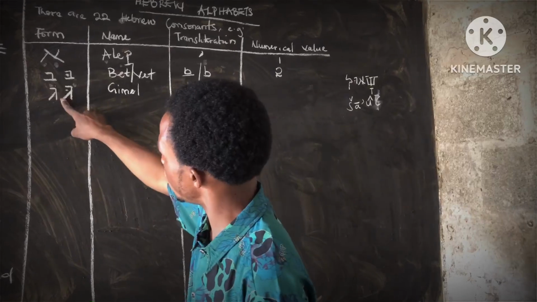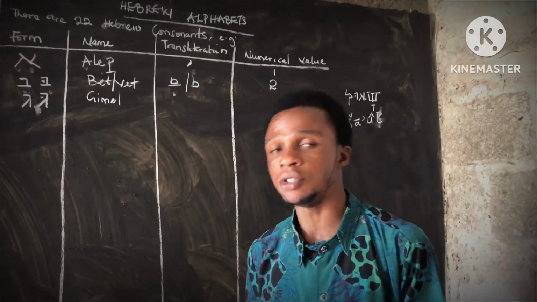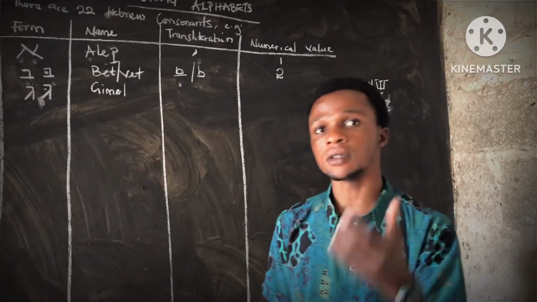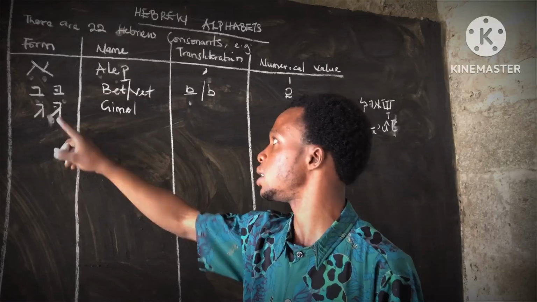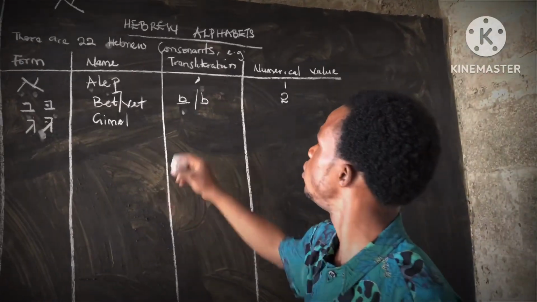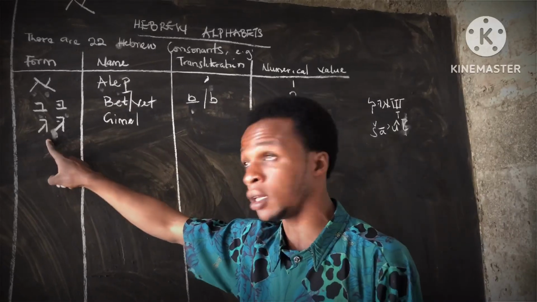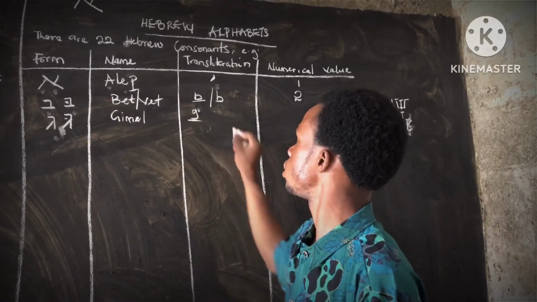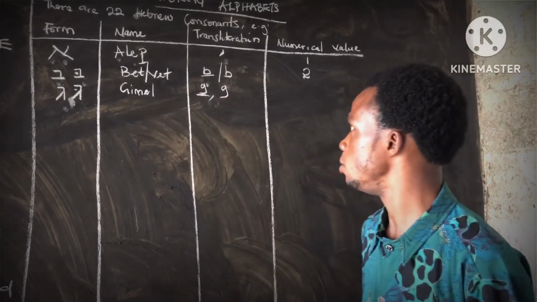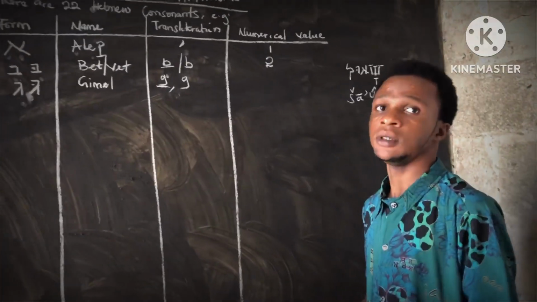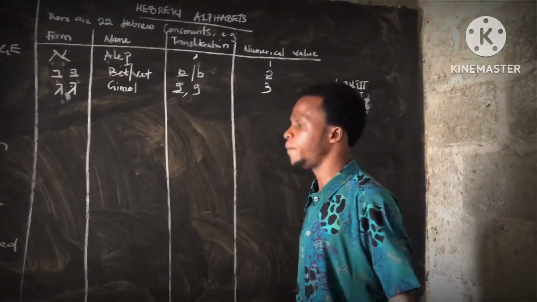Mostly when you have the dageshed form in a word, it usually comes with double letters. So the transliteration will be G. The first one, since it has no dagesh, will be G with a line under it, and the second one will be G, which is Go. It is represented by 3.